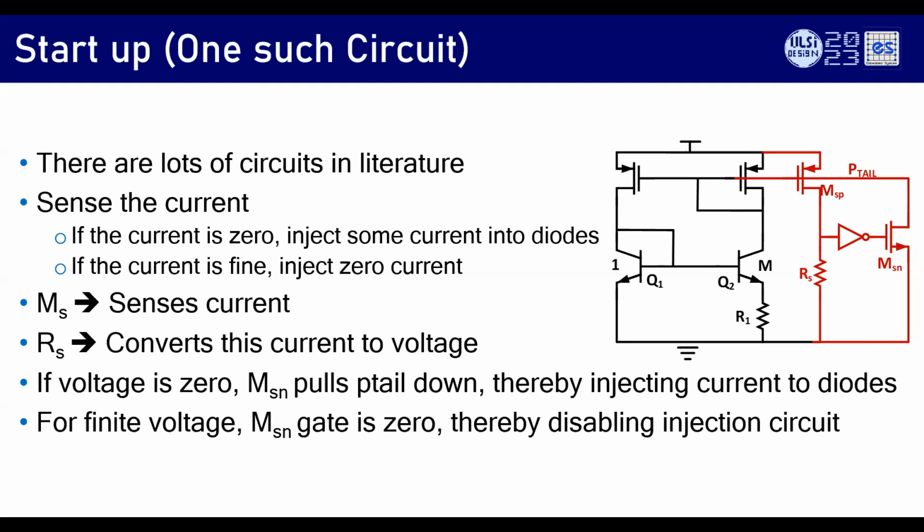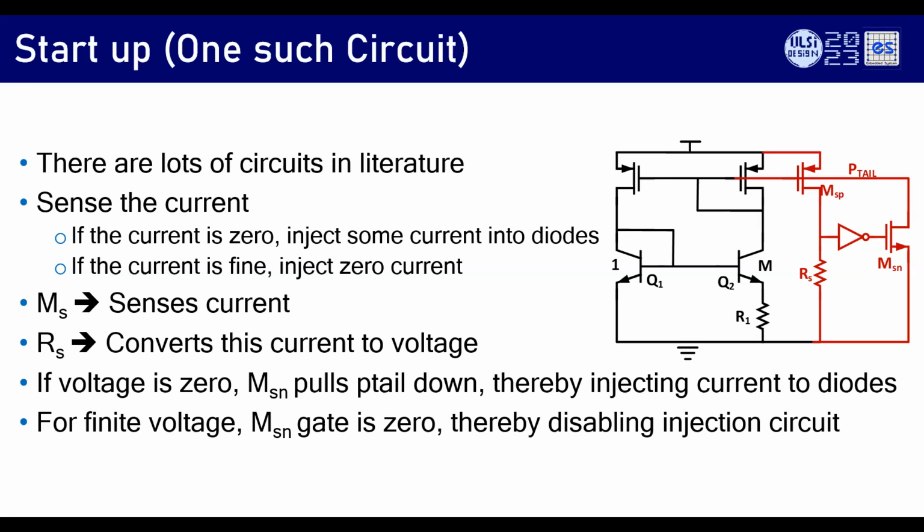That's all. So for example, in this startup circuit, I took the P-tail node, connected it to MSP, connected to RS. When the current is 0, the voltage across RS is 0 because there's no current in MSP. So the inverter output will be 1, which will turn on the NMOS. So it will pull the P-tail node down.